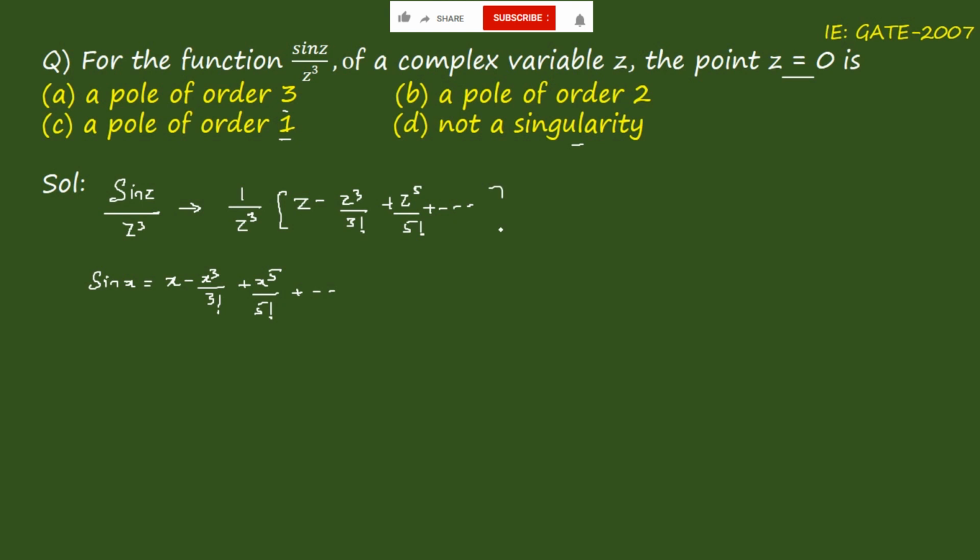When you multiply that with 1 by z cubed, it becomes 1 by z squared minus 1 by 3 factorial plus z squared by 5 factorial plus so on, right? So in this particular series, we can see that there is only one negative power term, 1 by z squared. So it is nothing but a pole of order 2, right? So the answer is option B.